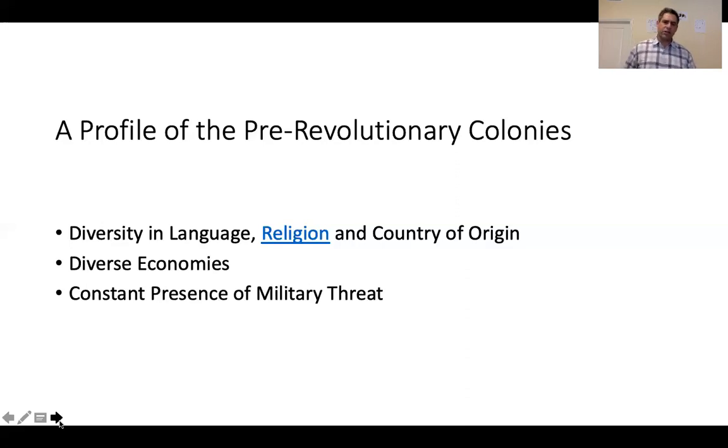Another point that's really important to make here is the diversity of economy in the American colonial era. There was a large agricultural economy in the southern colonies, and a mercantile economy in the north. But what I really find fascinating is that the economies of the American colonies may have allowed them to earn a little bit of independence.